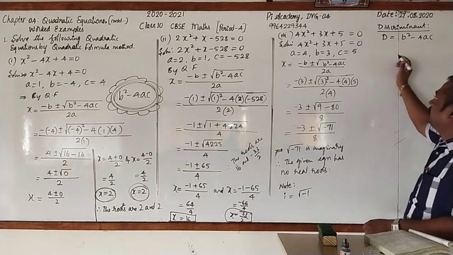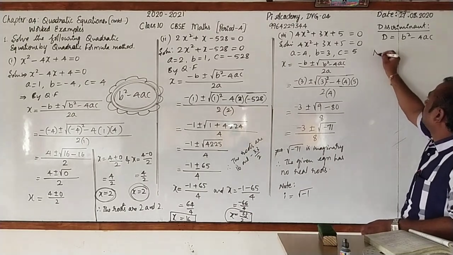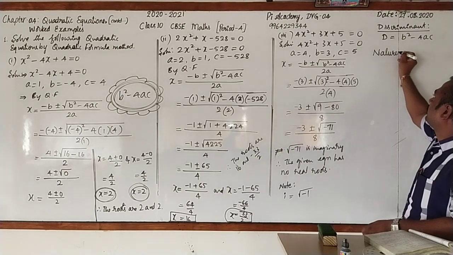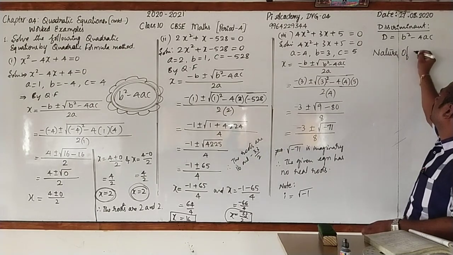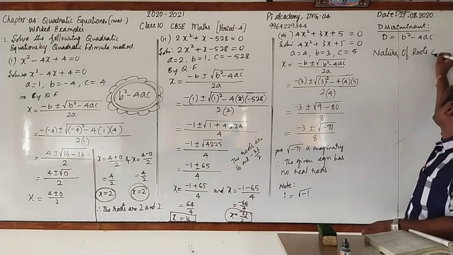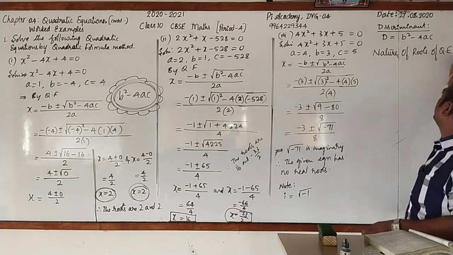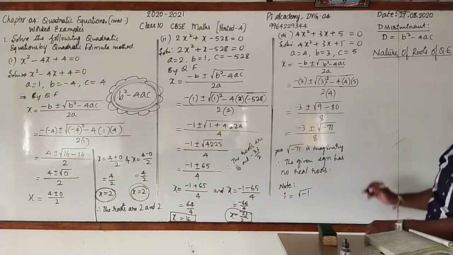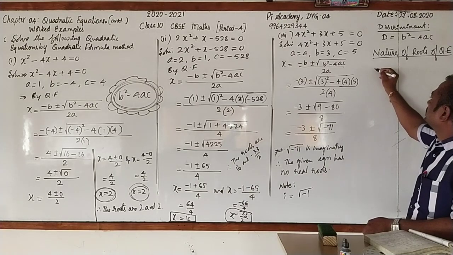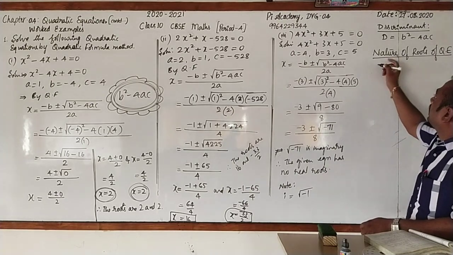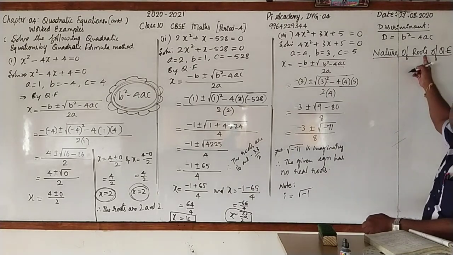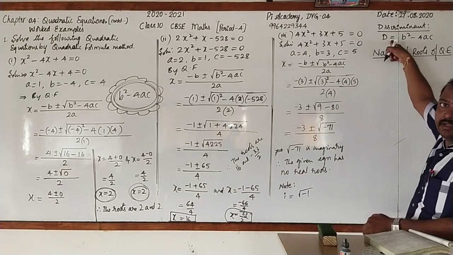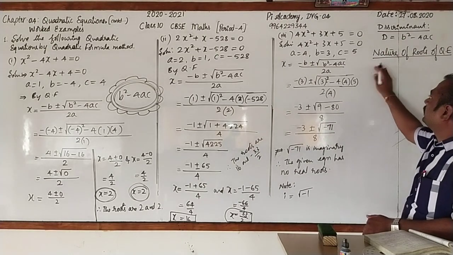Now let us go for writing the nature of roots of a quadratic equation. Here I'll write. First, the nature of roots of a quadratic equation can be decided by using the discriminant value.